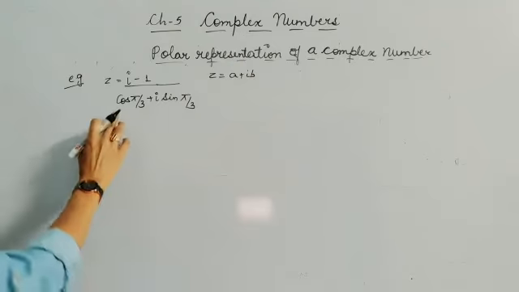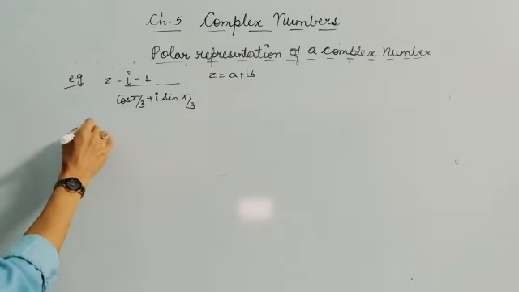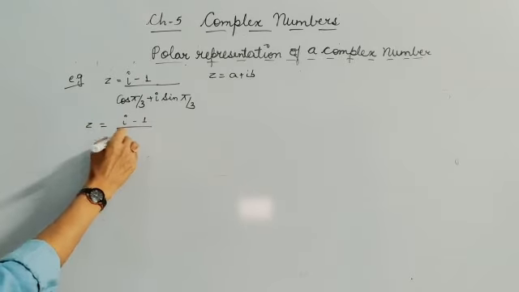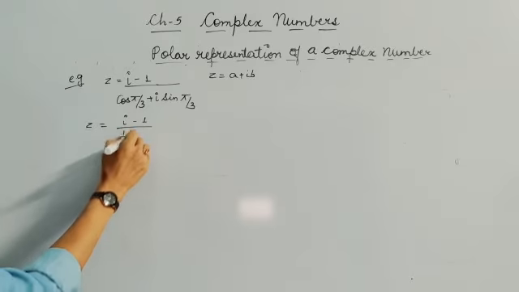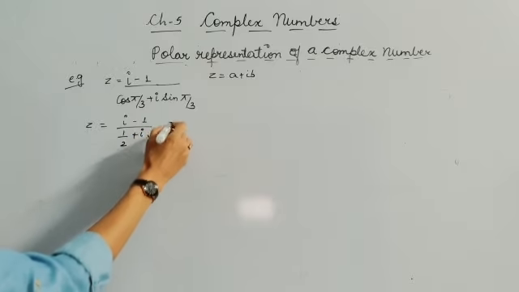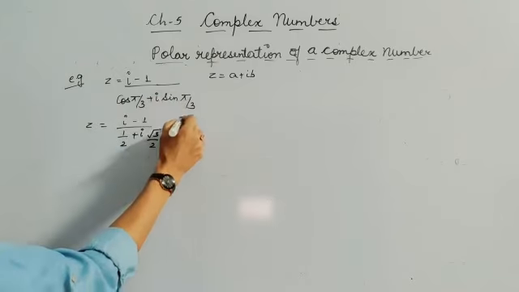So for that I need to put the value of cos pi by 3 and sin pi by 3. So I will be getting cos pi by 3 as 1 by 2 plus iota root 3 by 2. Now I am getting 2 in the denominator, I can take the LCM and transfer it up.